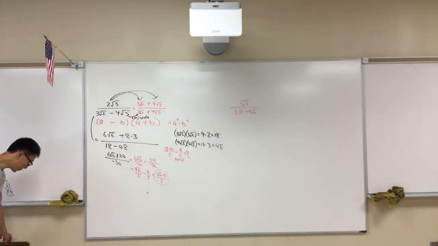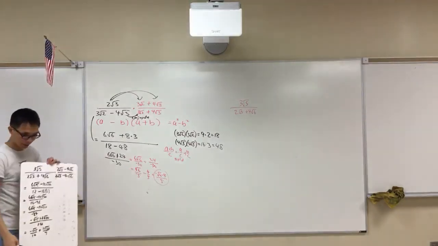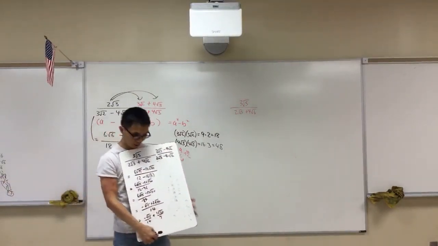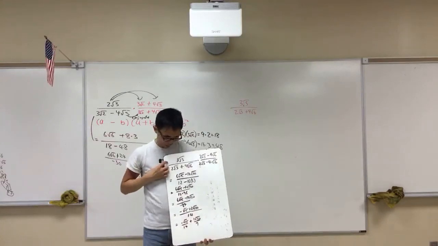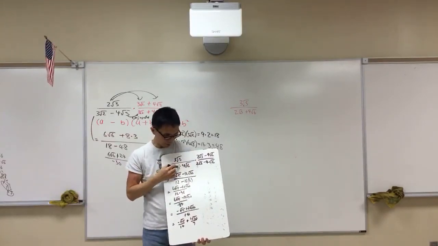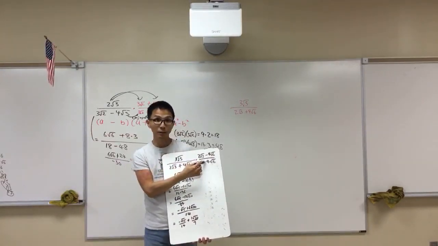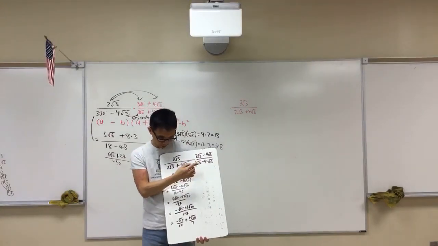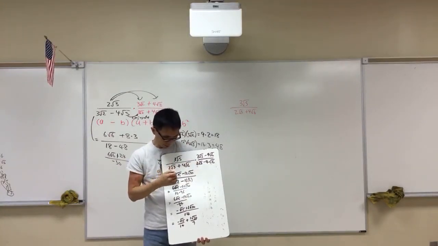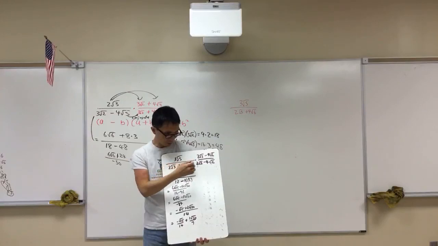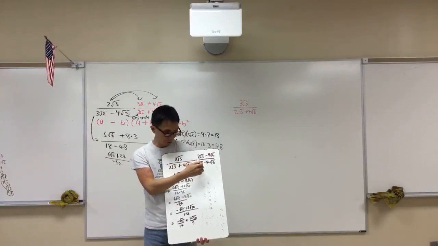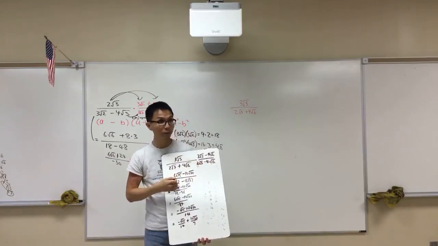So I did it on this board. I'm gonna go buy some of the small boards so I can work ahead of time. So I start with a conjugate, so it's plus, I'm gonna go with minus, right? So when I multiply the bottom, it's gonna be 2 square root 3 times 2 square root 3, which is 4 times 3 is equal to 12.